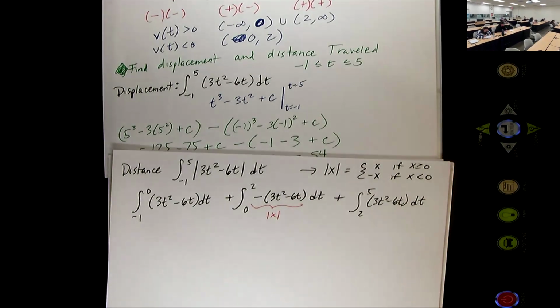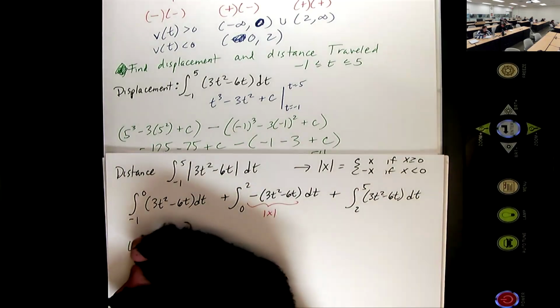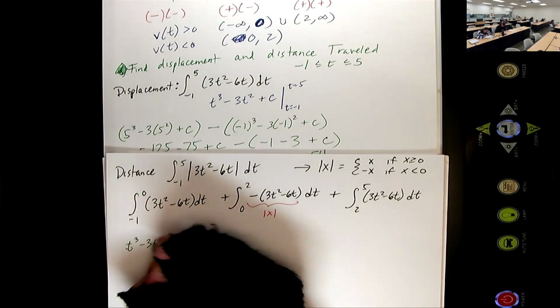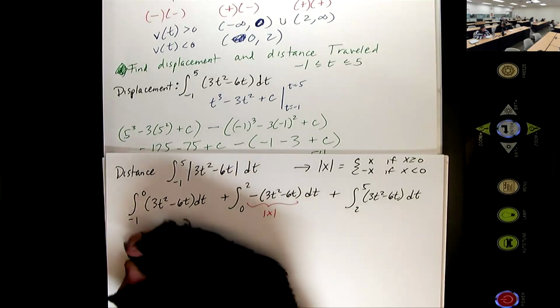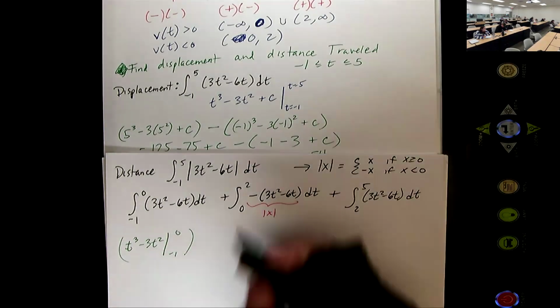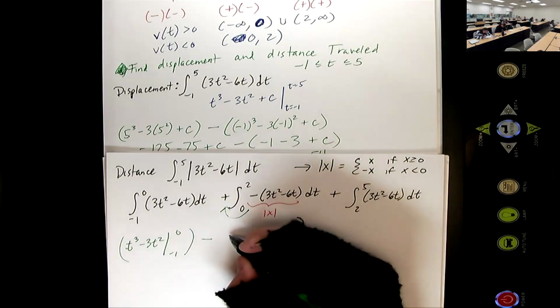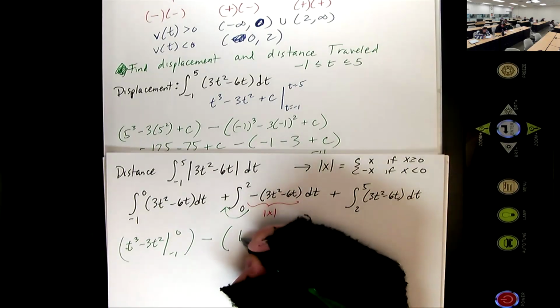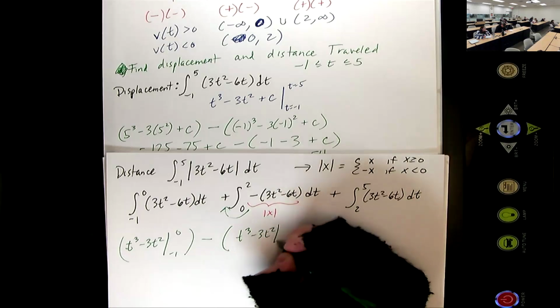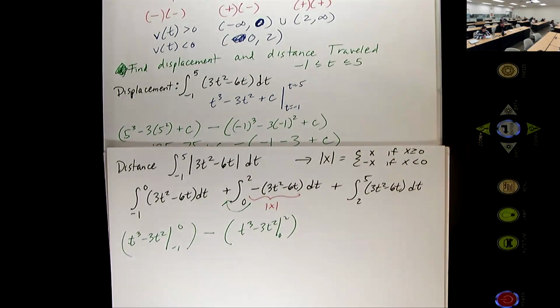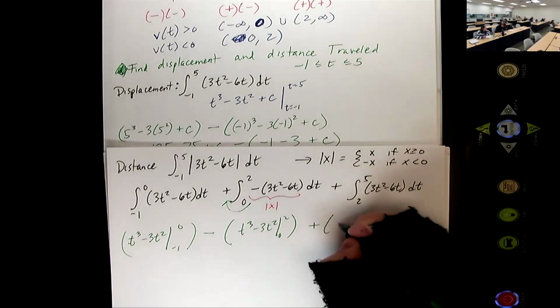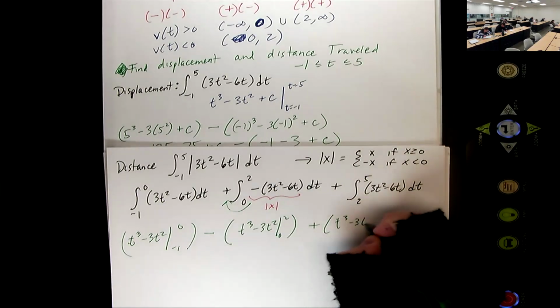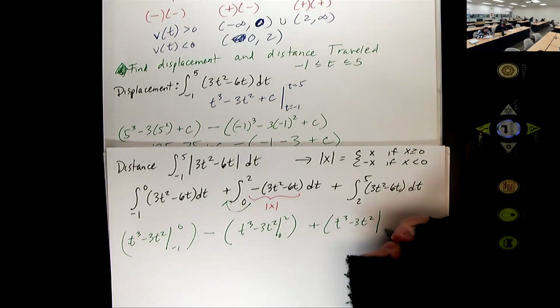That's the negative region, so we change the sign. We already did those intervals. So this is t cubed minus 3t squared from -1 to 0. Then if I just move the minus outside, I have minus t cubed minus 3t squared from 0 to 2. And then plus t cubed minus 3t squared from 2 to 5.